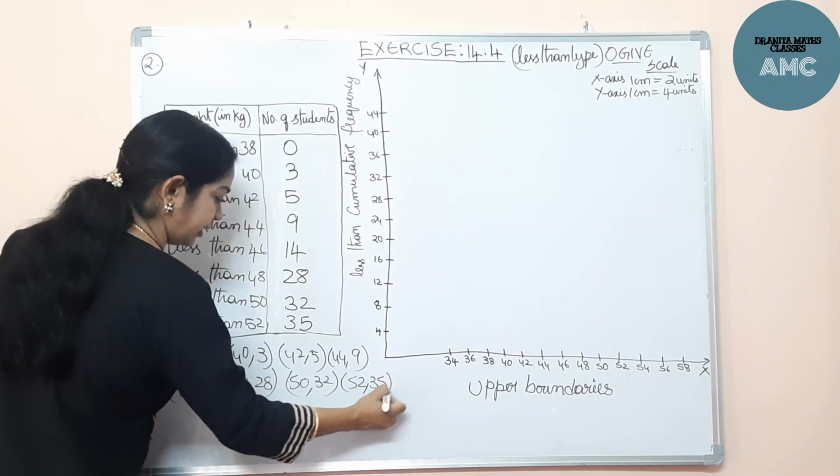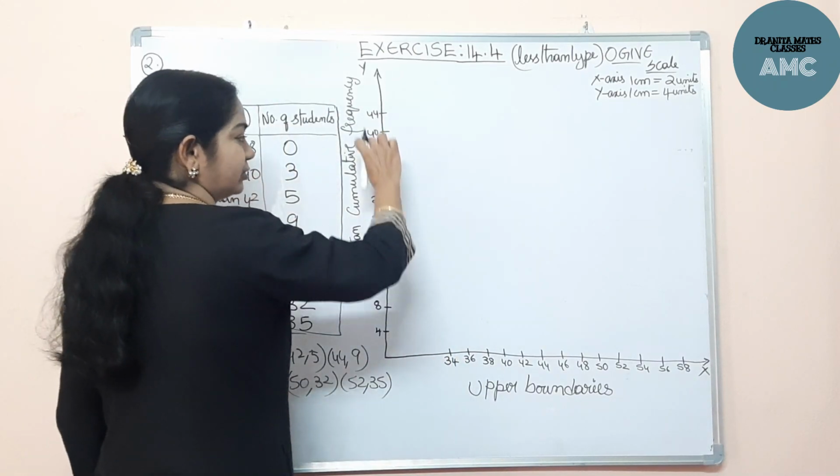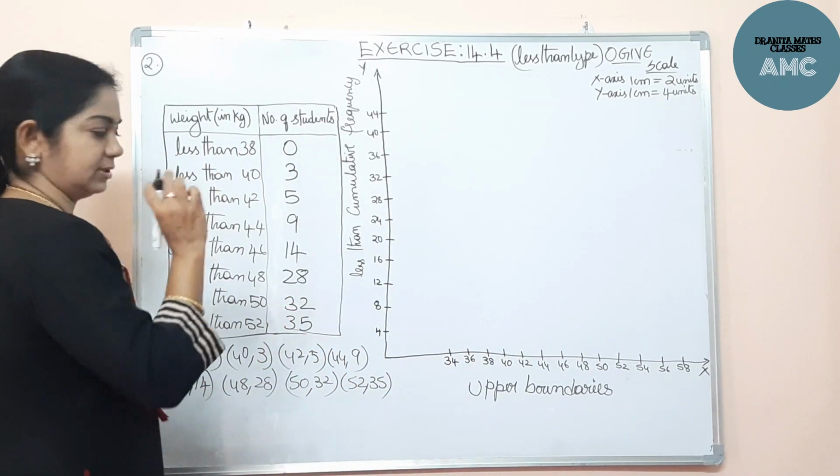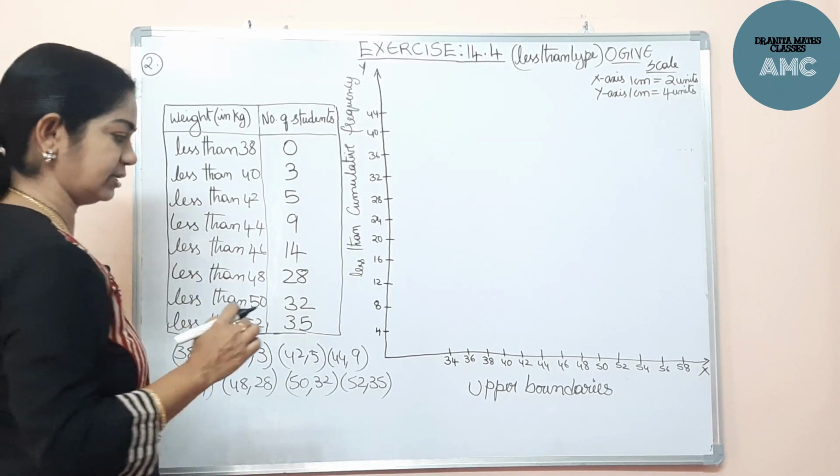The values are quite big, so I have started with 34 and taken 4 as the difference here. Now we will be plotting this, 38, 0.